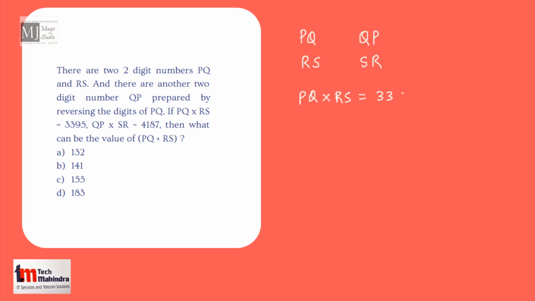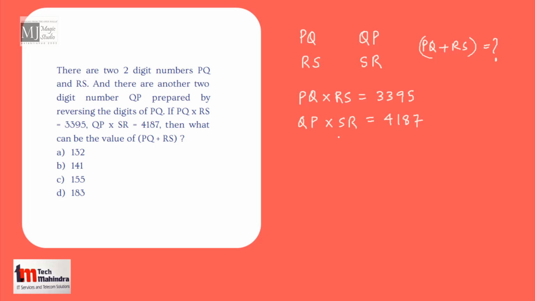PQ into RS is 3395 and QP into SR is 4817. Then what can be the value of PQ plus RS?